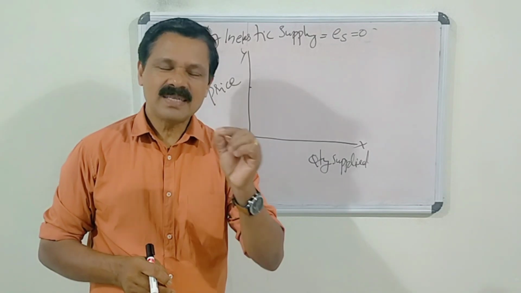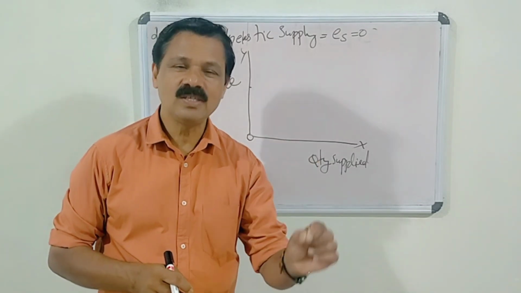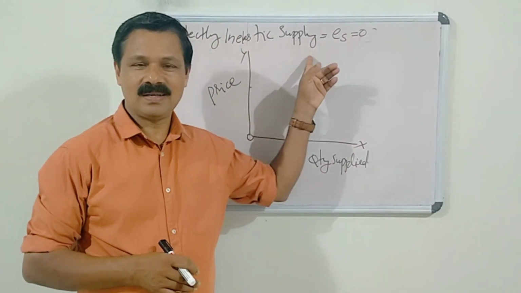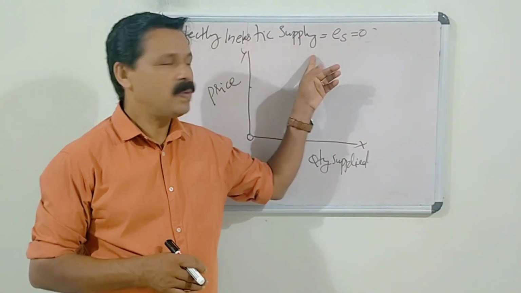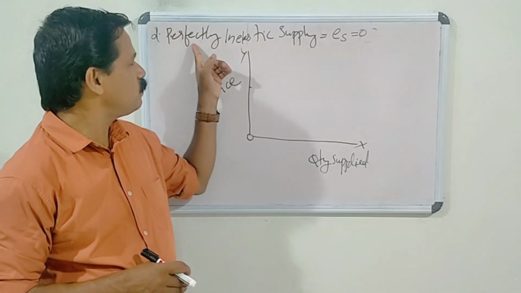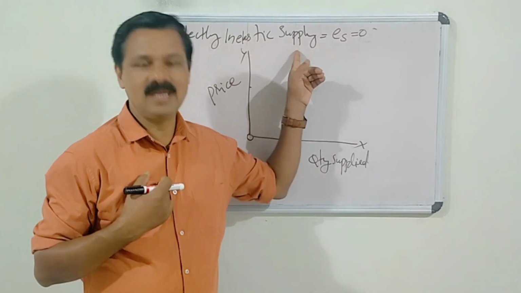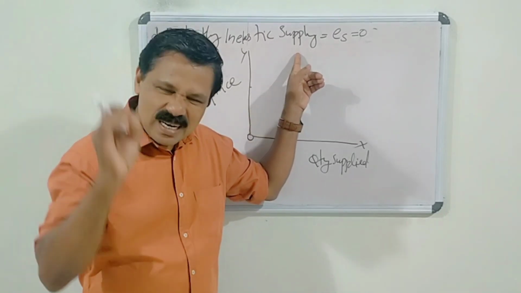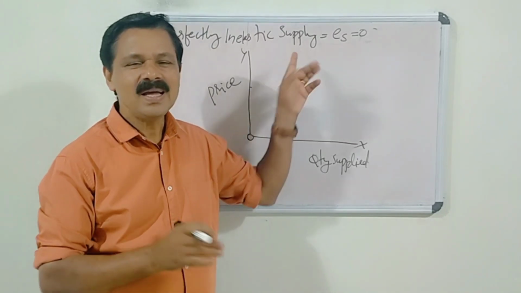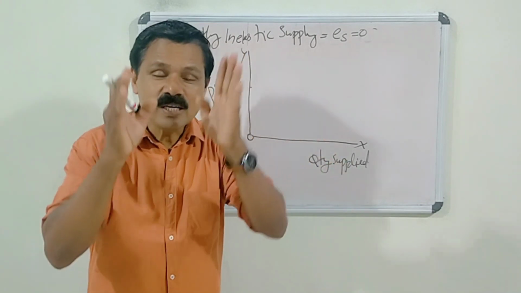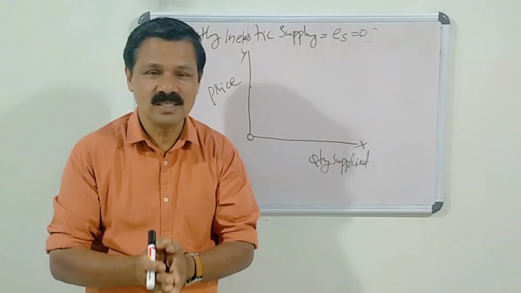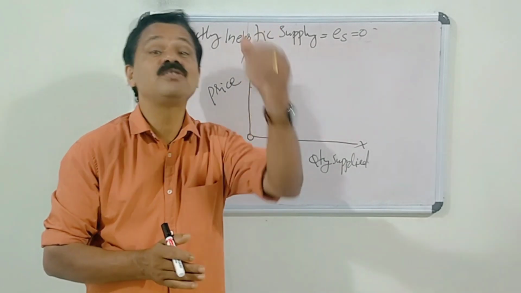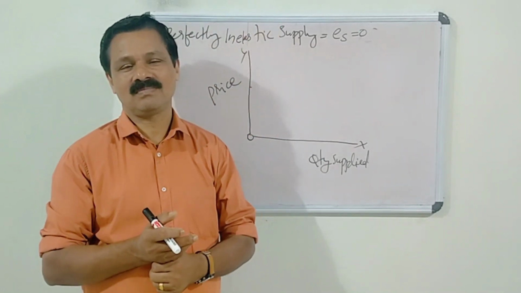The second type of elasticity of supply is perfectly inelastic supply. By this concept we mean that if a commodity is facing perfectly inelastic supply, its supply remains constant, remains unchanged, even if there is a high incremental change in the level of prices.